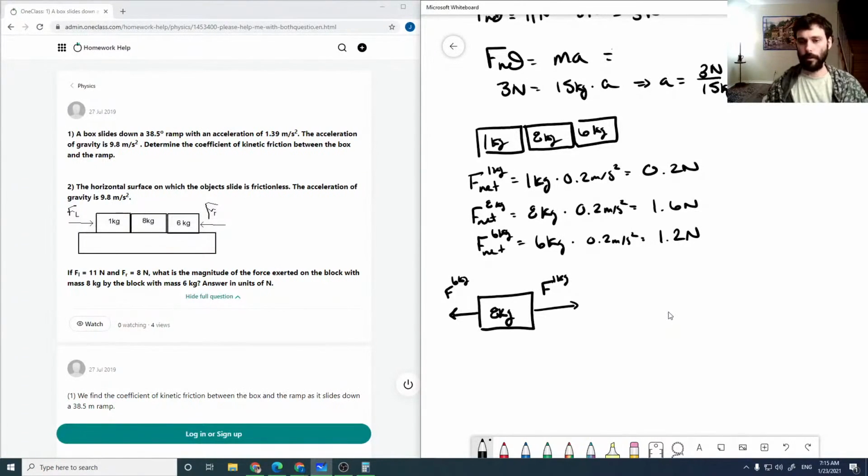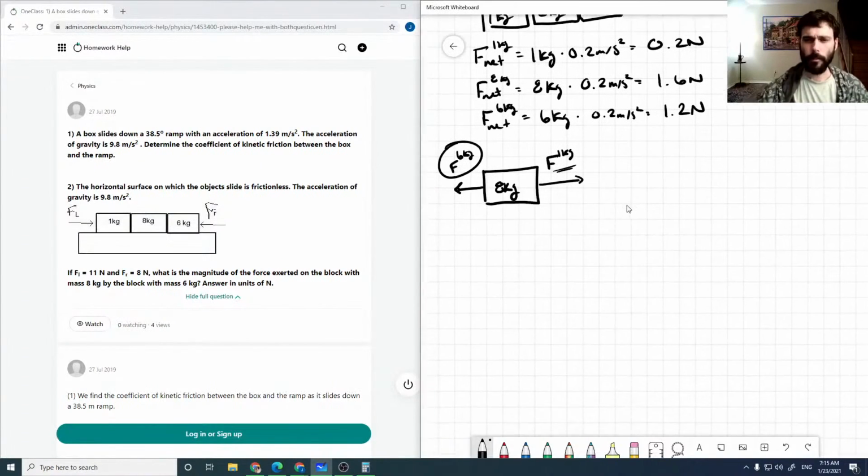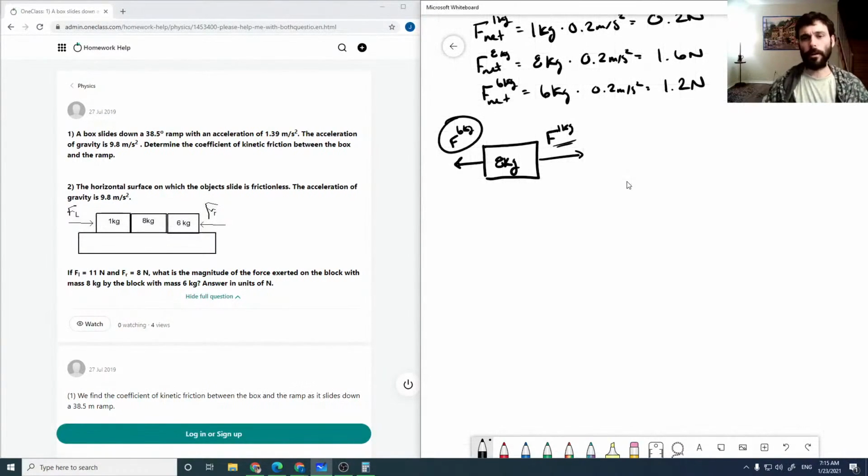And so F6 kg is what we're looking for, and F1 kg we could find, but it's easier if we look at our 6 kilogram block, because it has a force from the right and a force from the 8 kilogram block.